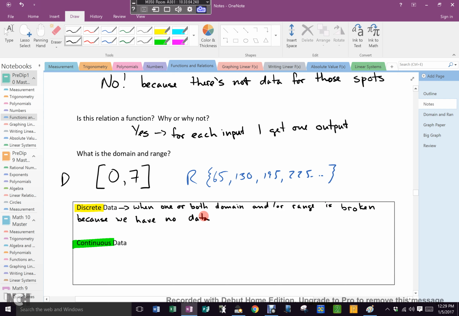That's what it means. If you don't know or it's impossible, then it has to be discrete data. Okay? Everybody understand?